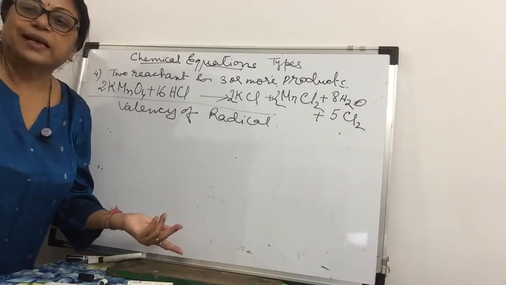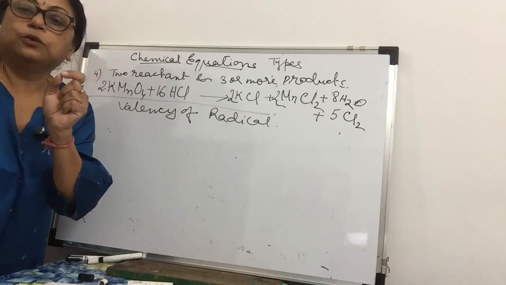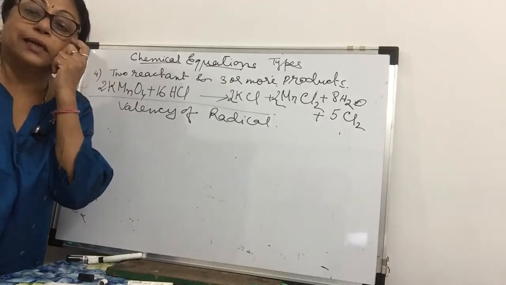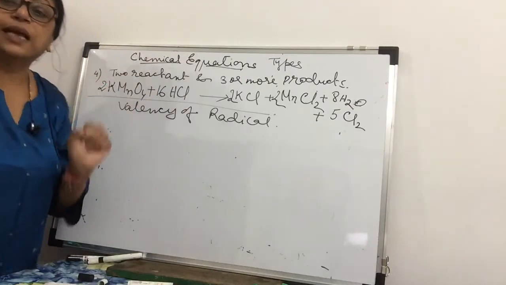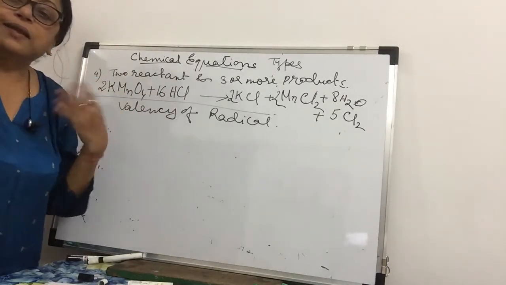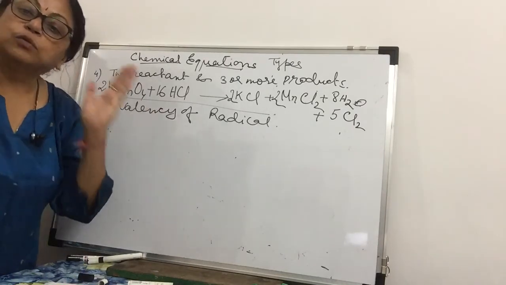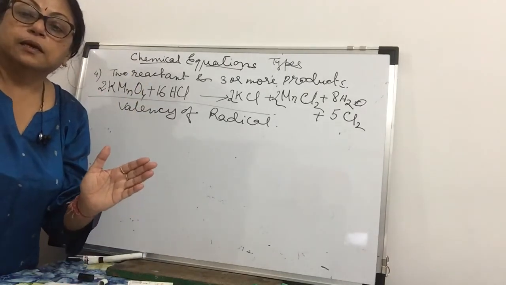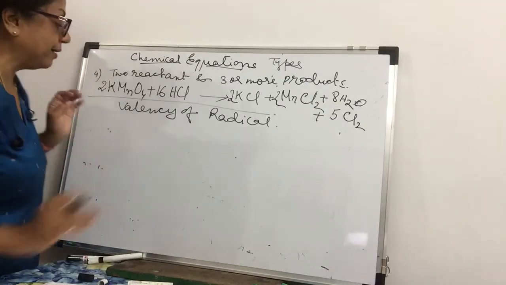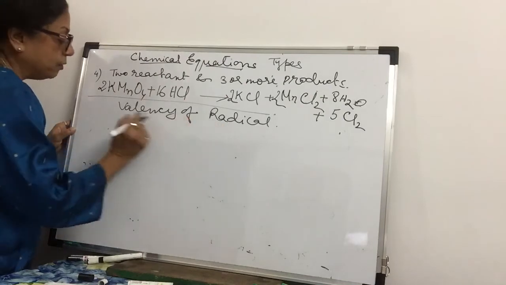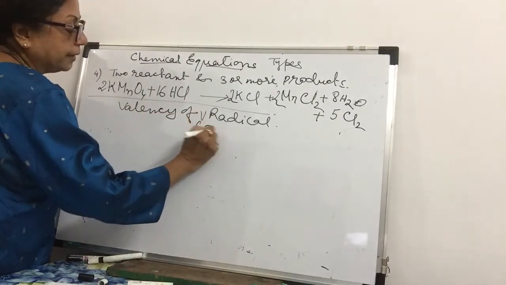It can be a simple radical, and compound radicals have 2 atoms of different or same types combined, and they get a charge. That is a compound radical. If it's a simple one, that means only one atom, it loses or gains an electron and becomes a simple radical. Now I'm talking about the valency of a compound radical.